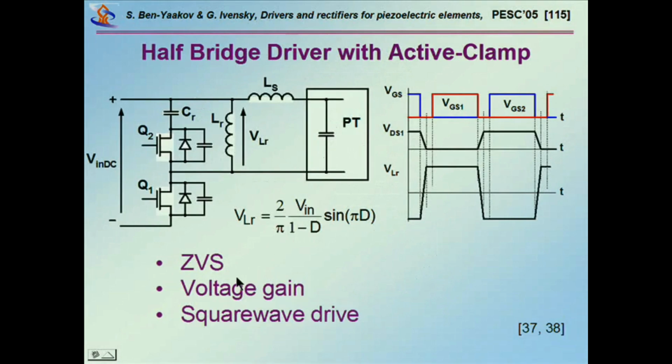An interesting approach is to use an active clamp arrangement in which you turn on and off, and you then build up voltage on this capacitor. You have an energy storage element which forms basically a resonant circuit with this capacitor.